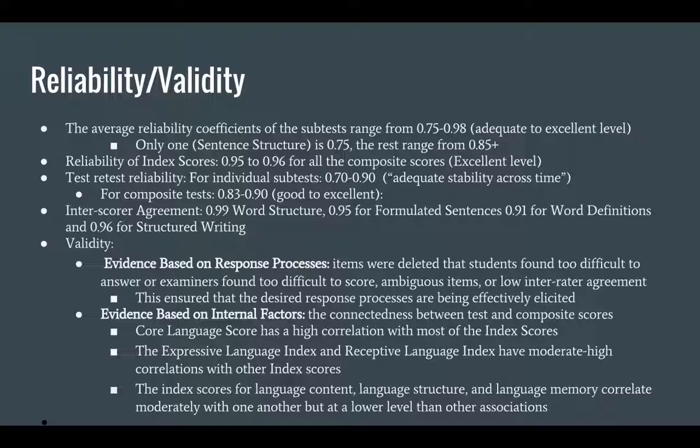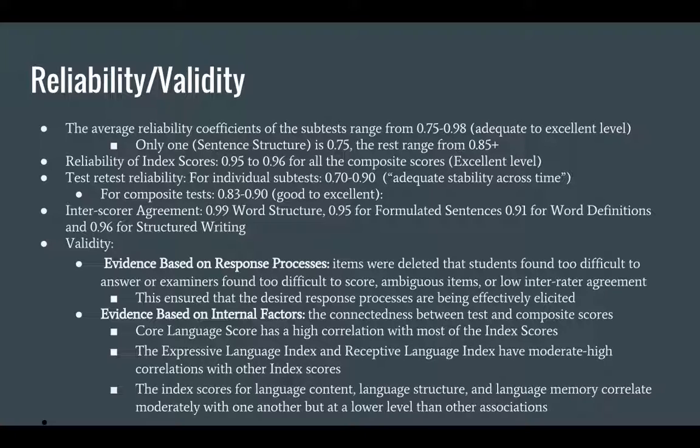The test-retest reliability, for individual subtests, was 0.7 to 0.9, which is quite adequate stability across time. Regarding the composite tests, they ranged from good to excellent. Regarding the interscorer agreement, it was 0.99 for word structure, 0.95 for formulated sentences, 0.91 for word definitions, and 0.96 for structural writing.